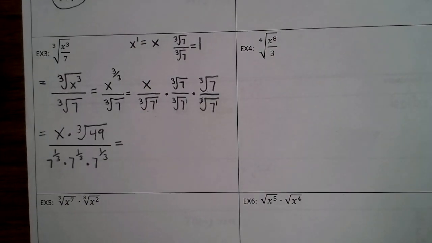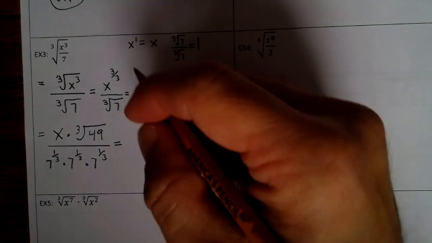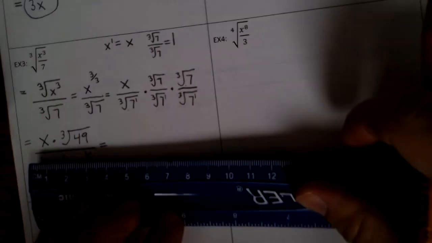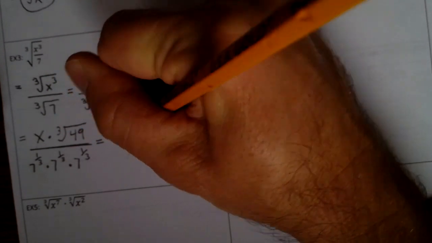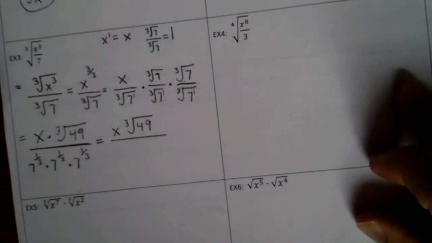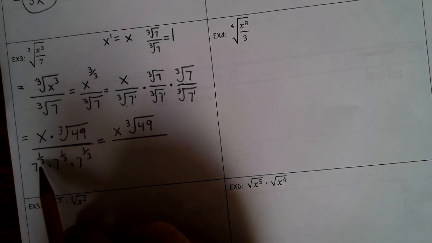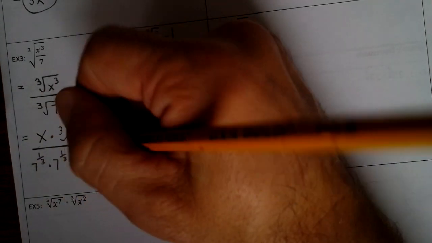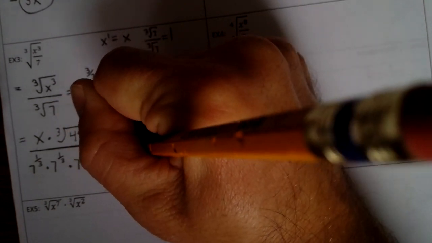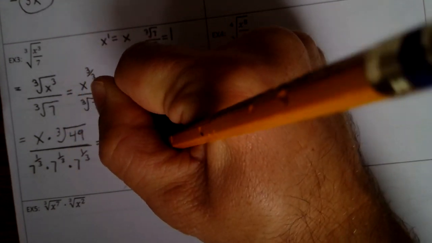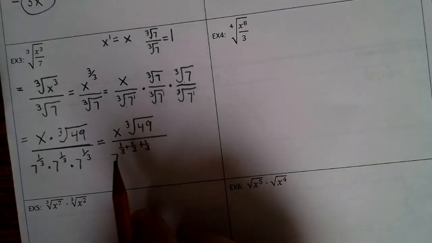Okay, so still the numerator doesn't change, x times the cube root of 49. But we know from a rule that you can add the exponents, so that's 7 to the 1/3 plus 1/3 plus 1/3, which we know equals 3/3, which equals 1.